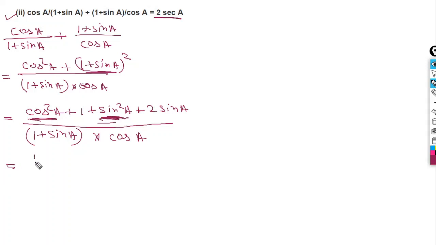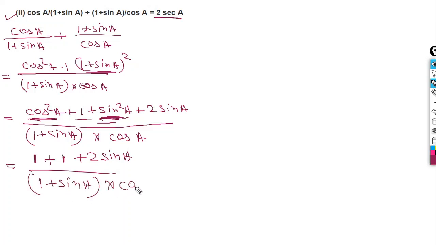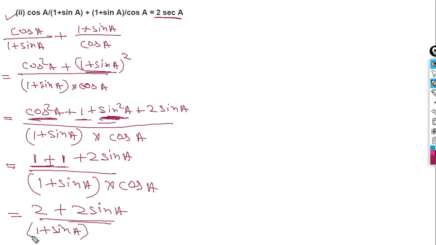So we write 1 plus 1 plus 2 sin A, divided by (1 plus sin A) into cos A. Now 1 plus 1 is 2, so we write 2 plus 2 sin A divided by (1 plus sin A) into cos A.